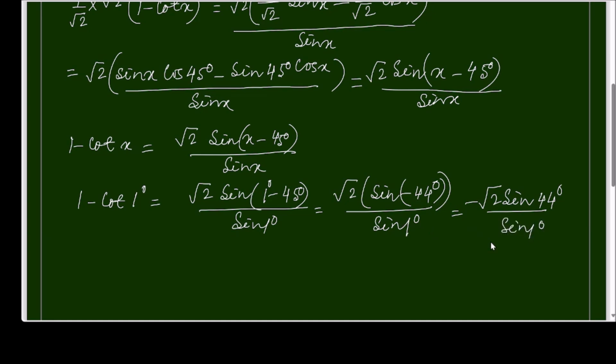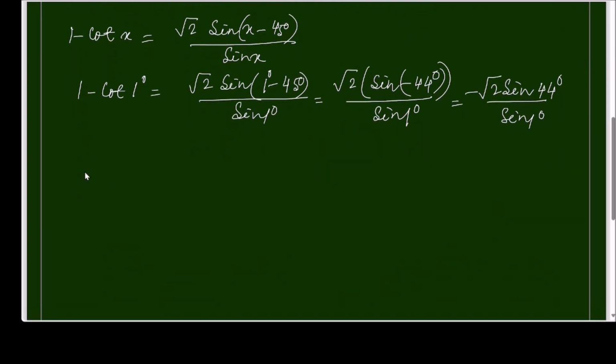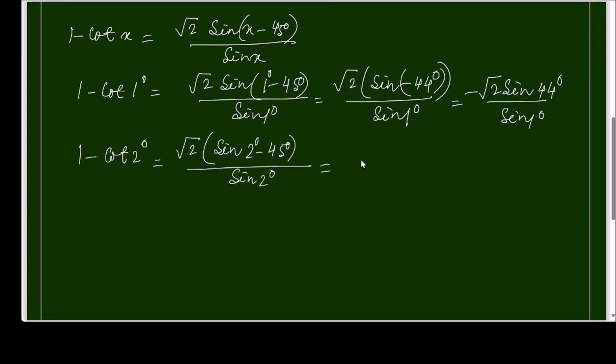Now let us write 1 minus cot 2 degree. It will be root 2 into sine of 2 degree minus 45 degree over sine 2 degree. So this will be negative root 2 sine 43 degree upon sine 2 degree.